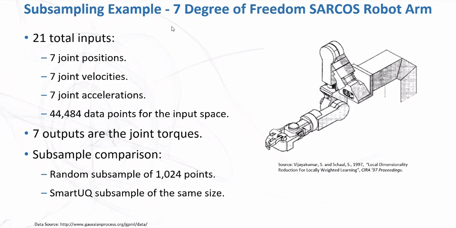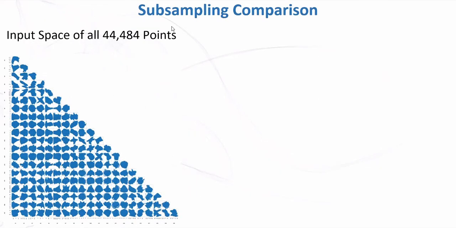So we'll compare basically a 1,000-point sample of this data taken at random to a 1,000-point sample taken SmartUQ's subsampling way. We start here with a visualization showing the full input space. These are all the two-dimensional projections of that 21-dimensional space.